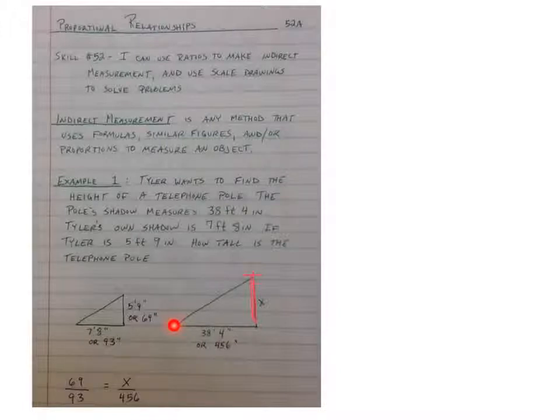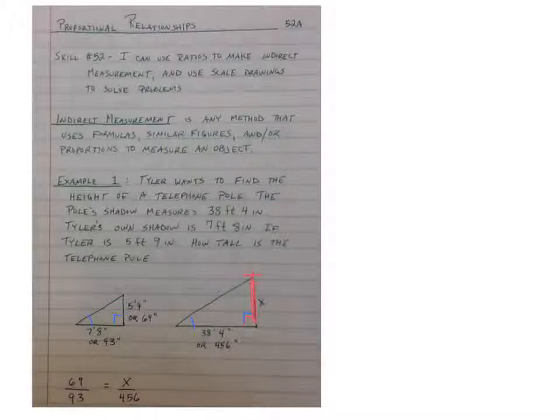Tyler's own shadow is 7'8", and Tyler stands 5'9" tall. And what we're looking for is how tall is the telephone pole. And we can actually relate this to problems that we've done before, where what we have is similar triangles. These are both right angles, and then the angle that the shadow makes is the same, so we can say the triangles are similar.